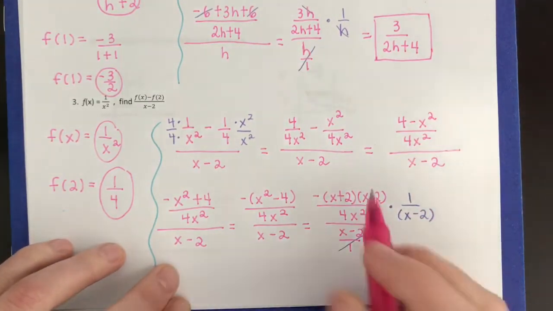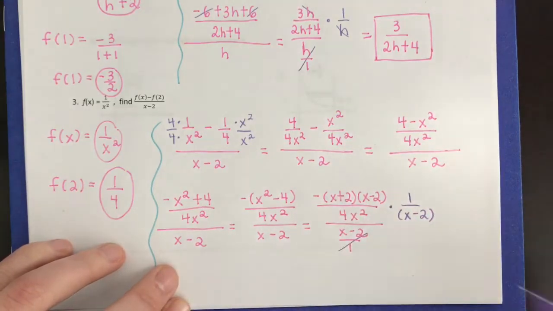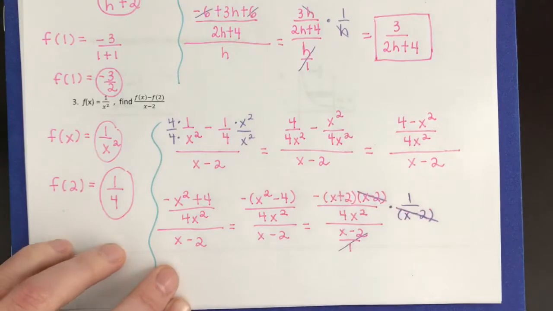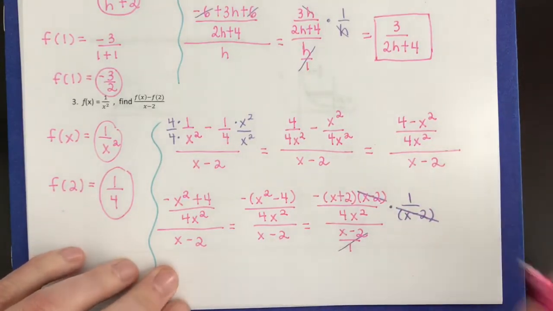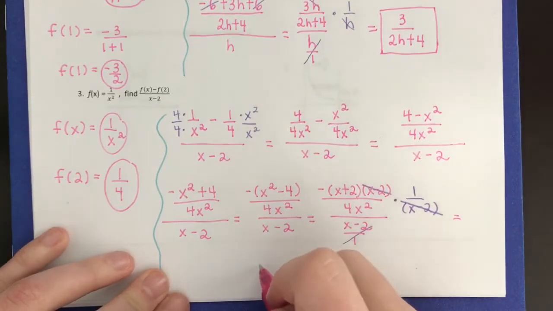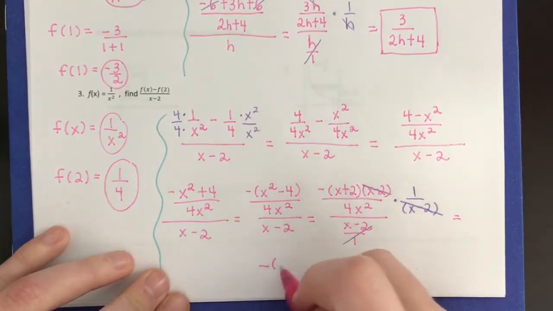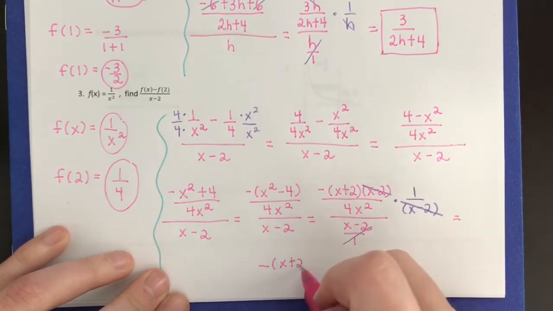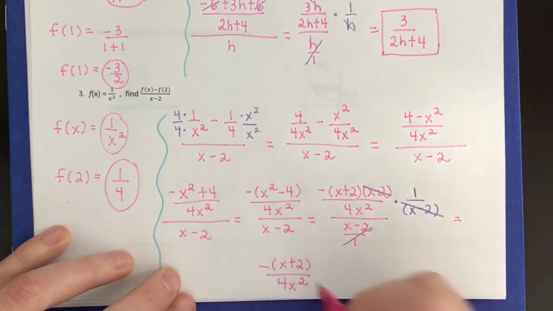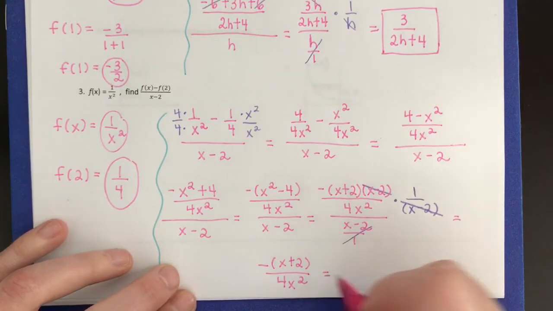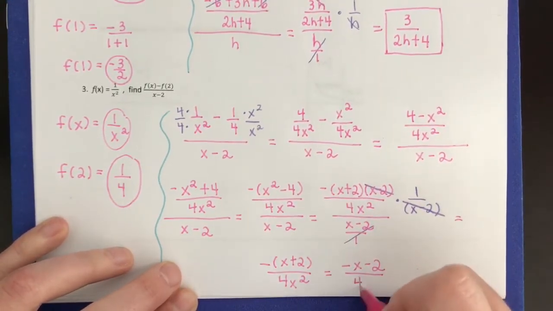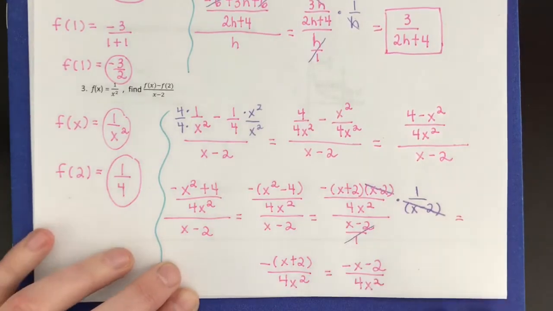Okay, so the reason it helped to break this up is because these two binomials simplify. So final answer, we'll bring it down here, will be negative, and then x plus 2 over 4x squared. Or it could look like negative x minus 2 over 4x squared.